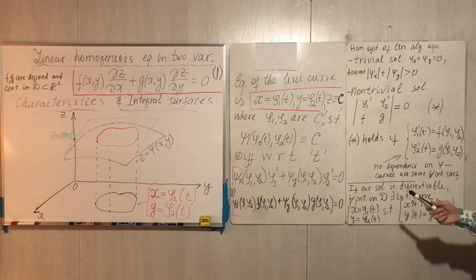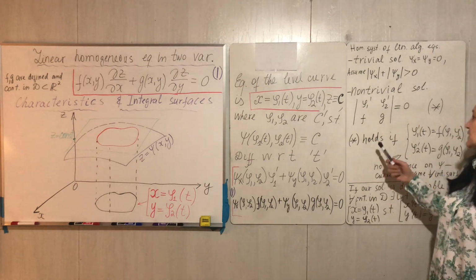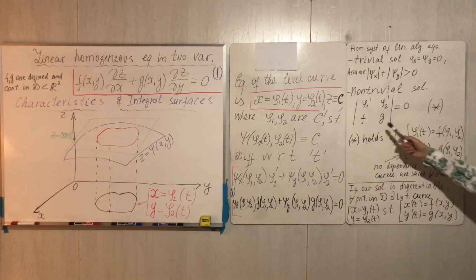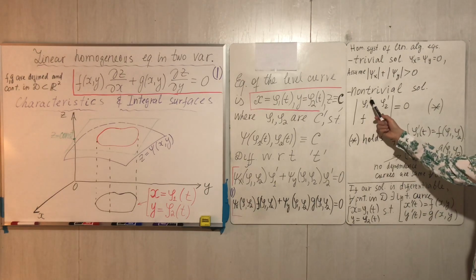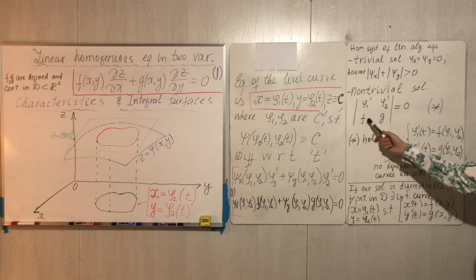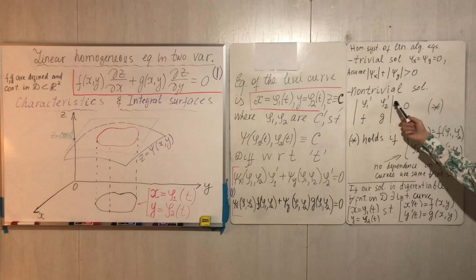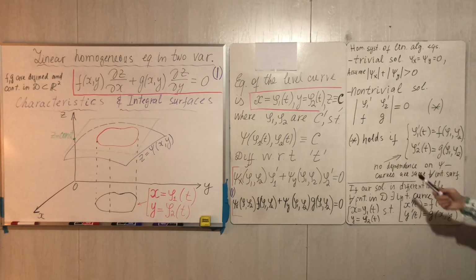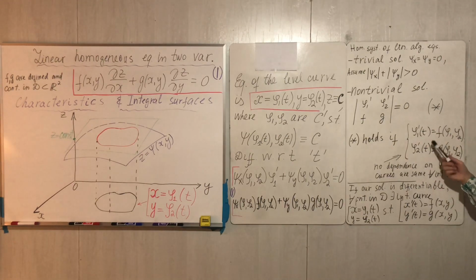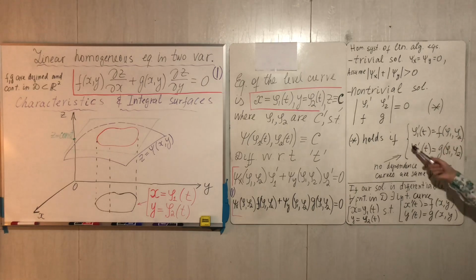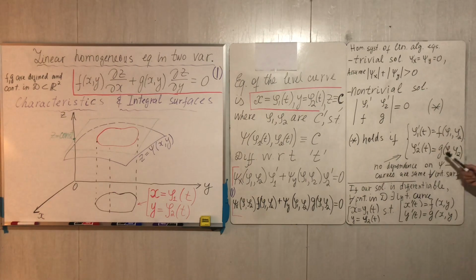This condition obviously holds if we say that phi1 prime equals f and phi2 prime equals g. In this case, we have this system of equations, and we can notice that those equations do not have psi in them, so they do not depend on psi.